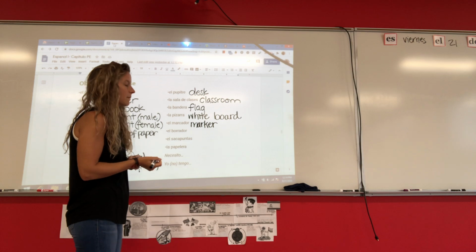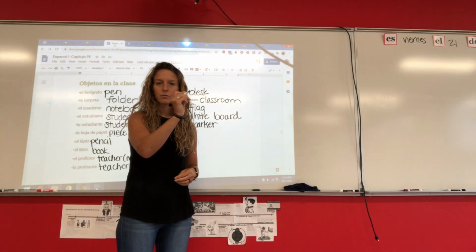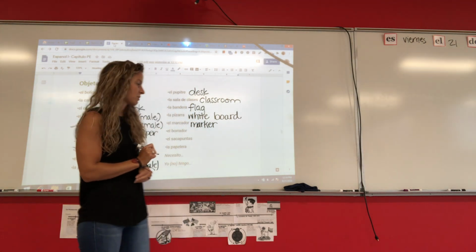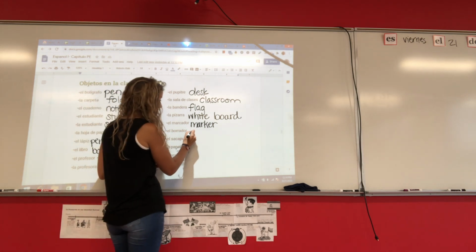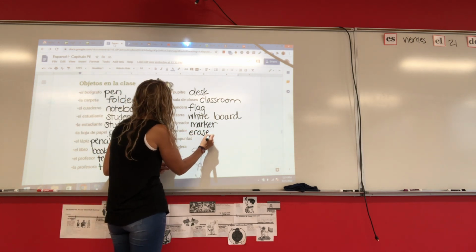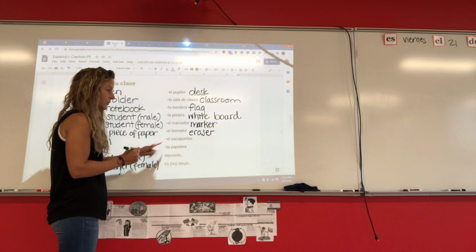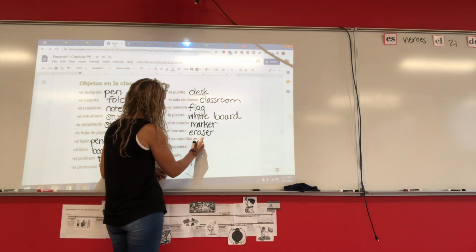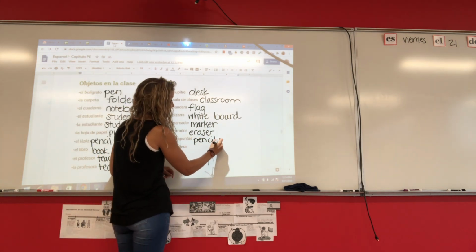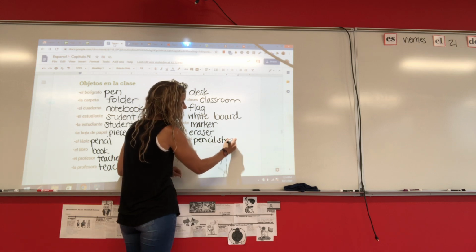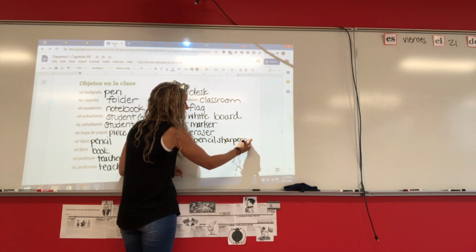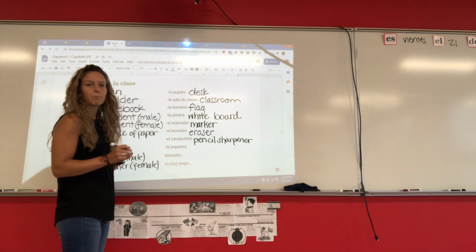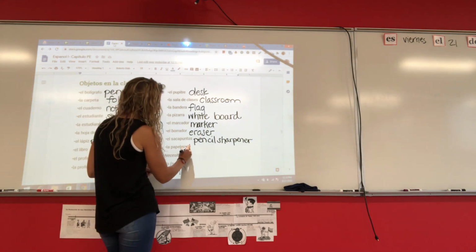Okay. In some assignments, you might see el marcador for the highlighter. We use that word as well. Borrador is eraser. Sacapuntas is the pencil sharpener. La papelera is the trash can.